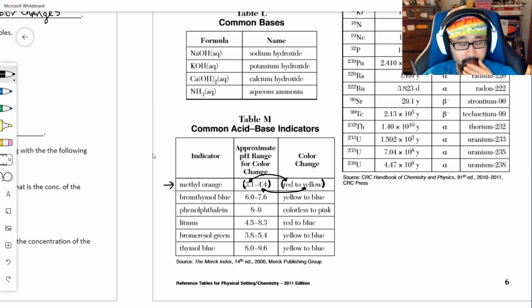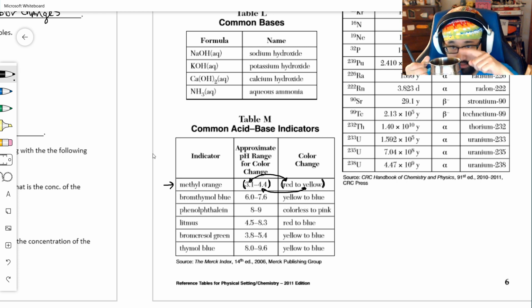The funny thing is if I had something in here with a pH of 2, 2 is below 3.1, but the color is red, orange, or yellow. Those are the only options. If it's red at 3.1, it's still red at 2.